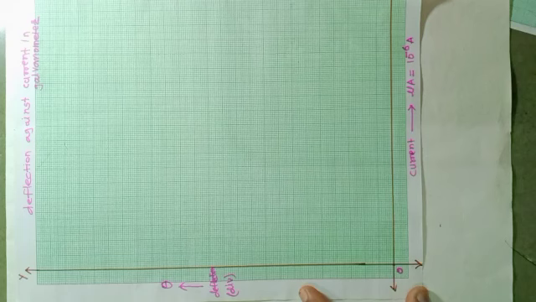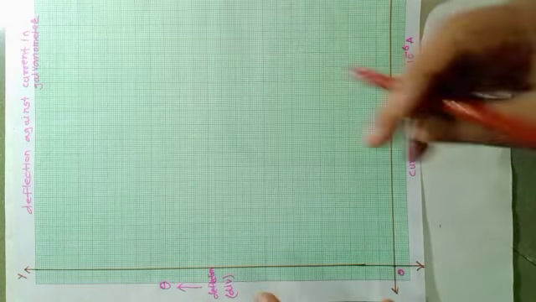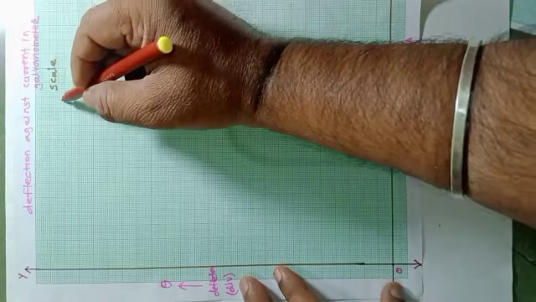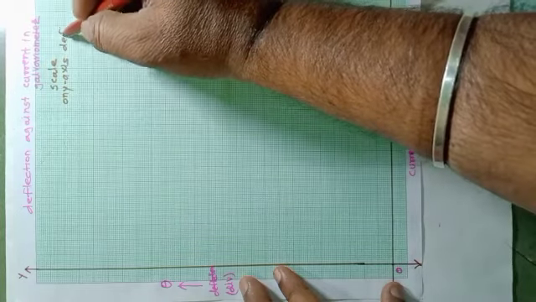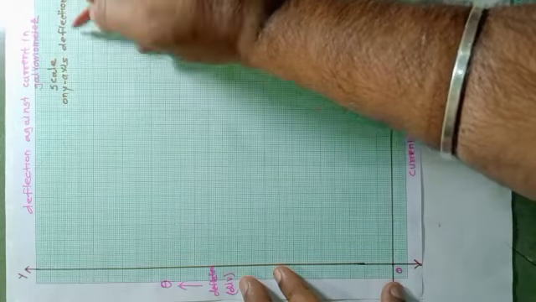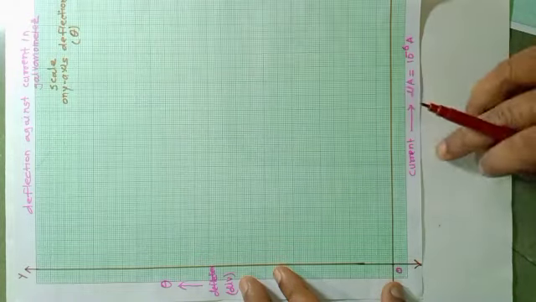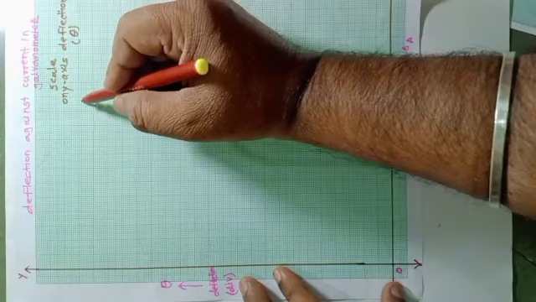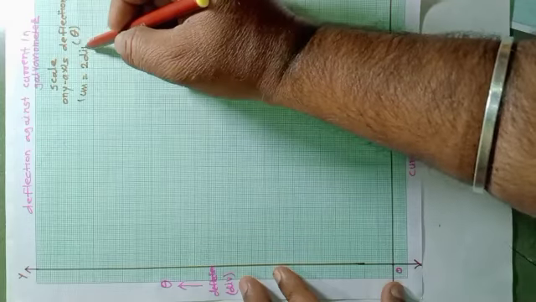So first of all we want to write the scale of the graph. If we write scale, on y-axis deflection is there, on x-axis current is there, on y-axis deflection theta is there, so 1 centimeter is taken as 2 division.